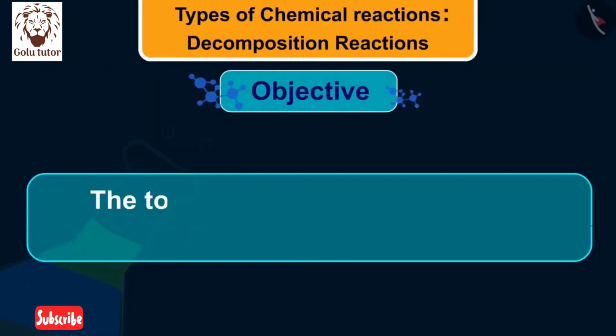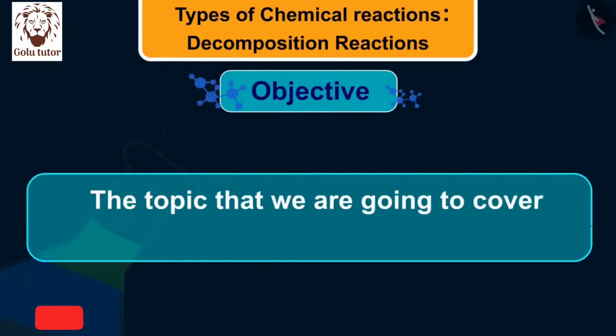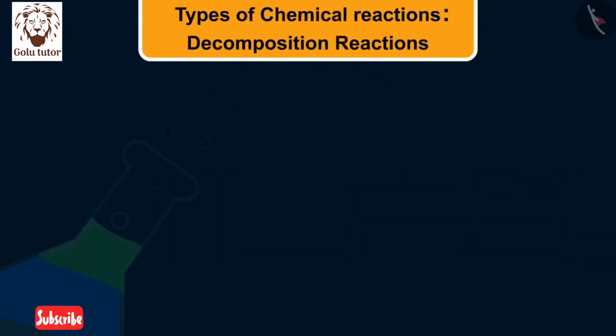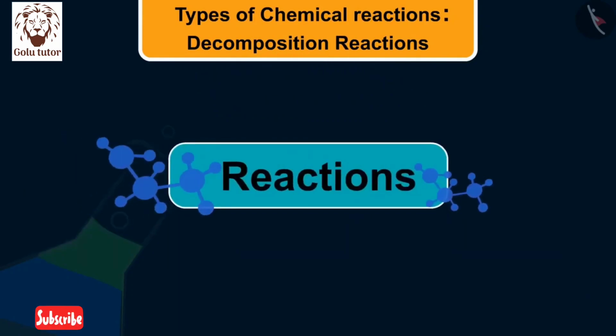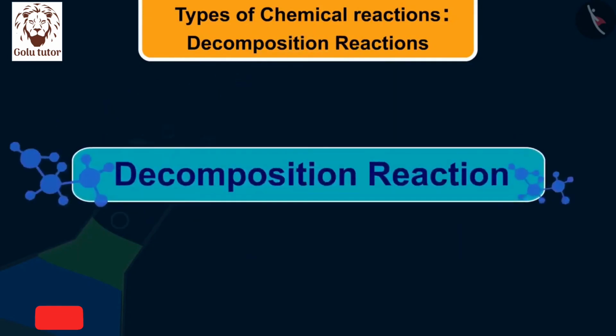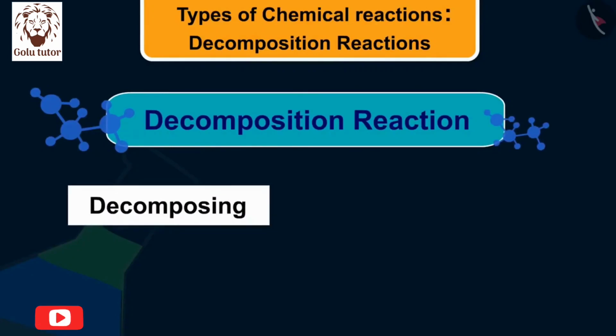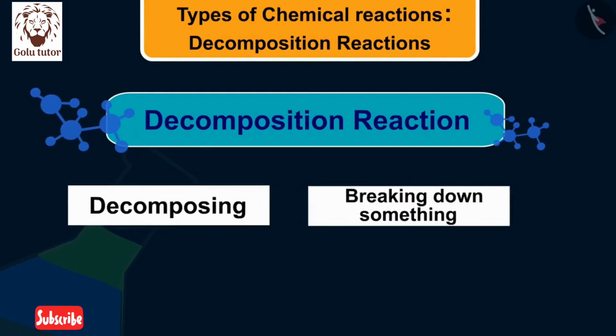The topic that we are going to cover in this session is decomposition reaction. Friends, as you know, there are a number of types of reactions, and decomposition reaction is the type of reaction that we are about to study. The word decomposition tells us that we are decomposing or breaking down something.